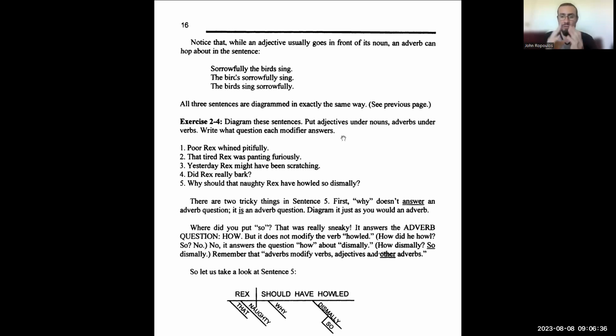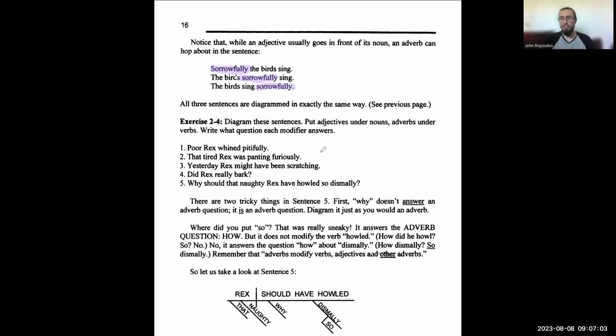When we have an adjective, usually that's going to come right next to the noun. But when we have an adverb, adverbs are very flexible. So sorrowfully, the birds sing. The birds sorrowfully sing. The birds sing sorrowfully. All of these are correct.